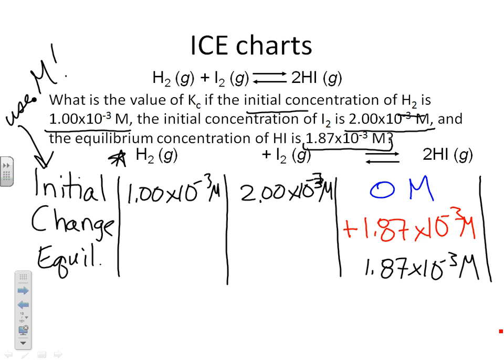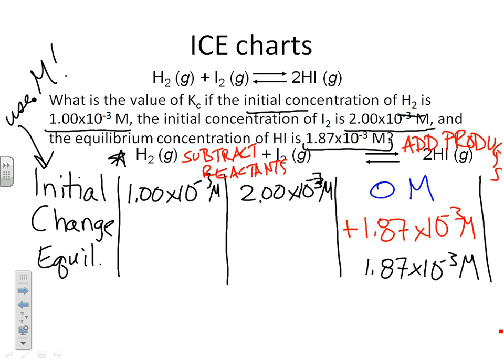We're now going to take that change that we figured out for the HI, and we're going to use stoichiometry to apply it to the hydrogen and the iodine. But crucial point, we add for products, meaning we're creating products. We subtract for reactants. The reactants are being used up.